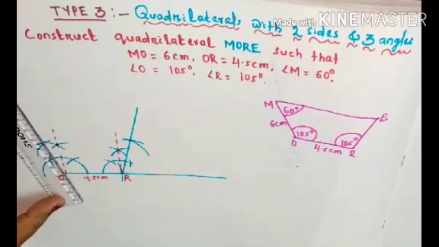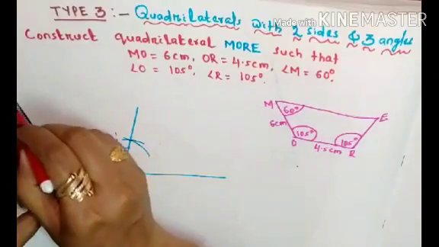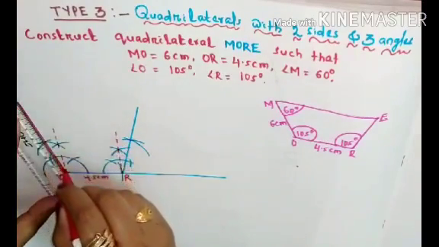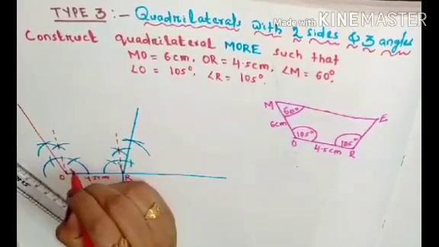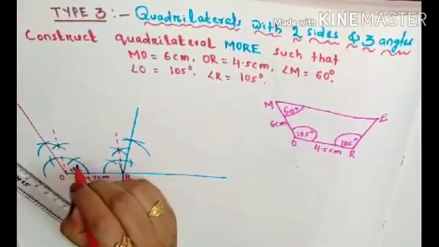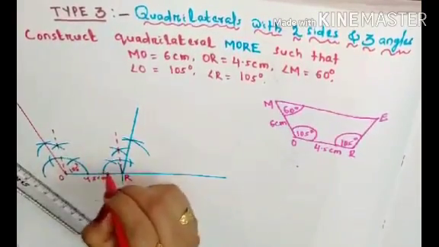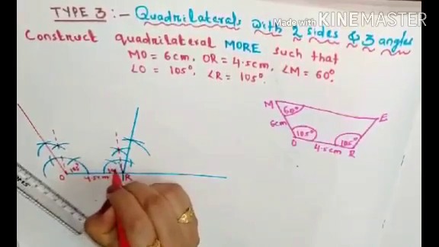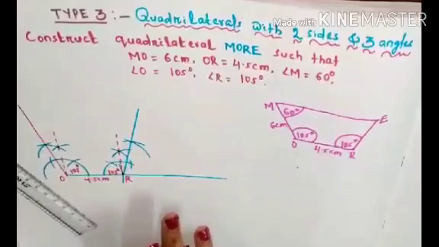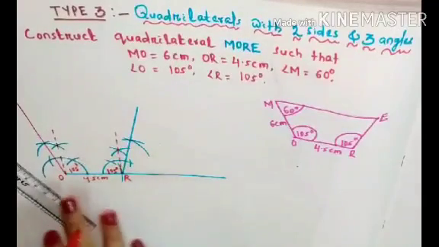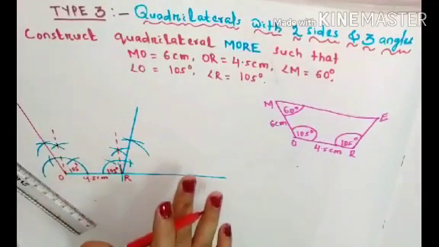If I join this line, I will get my 105 degree. So here I got my angle 105 degree. Here also I got my angle 105 degree. So I have drawn angle O and angle R.